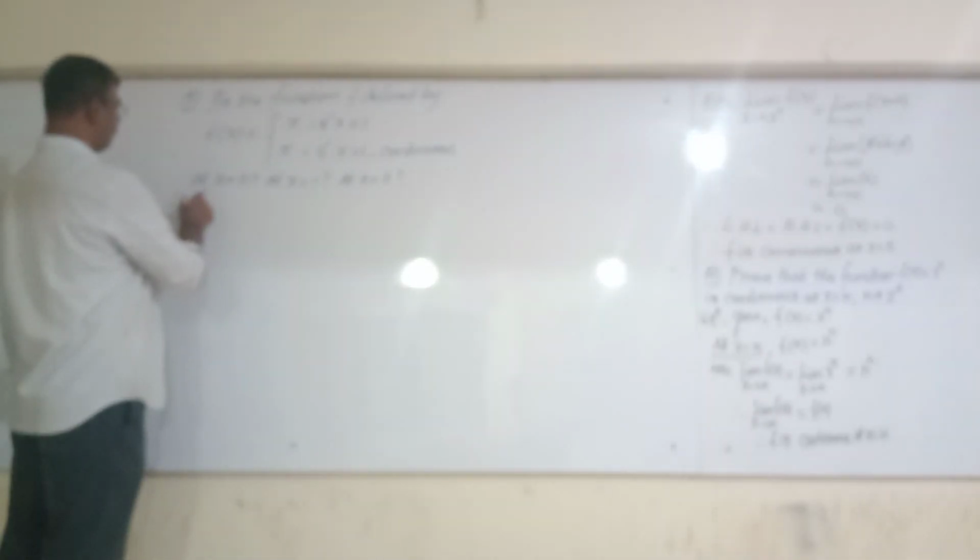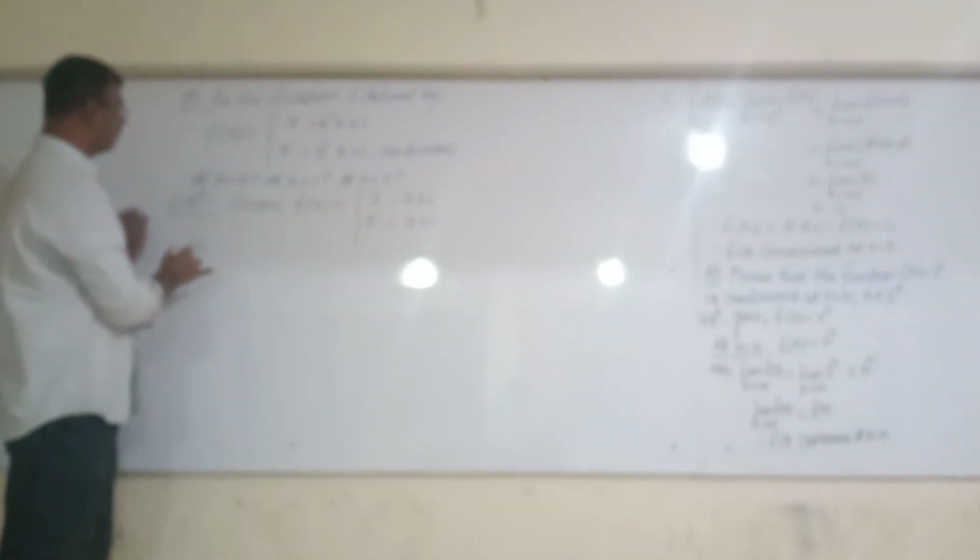We prove this problem very easily. What is the given function? Given f of x is equal to x if x is smaller than or equal to 1, 5 if x is more than 1.